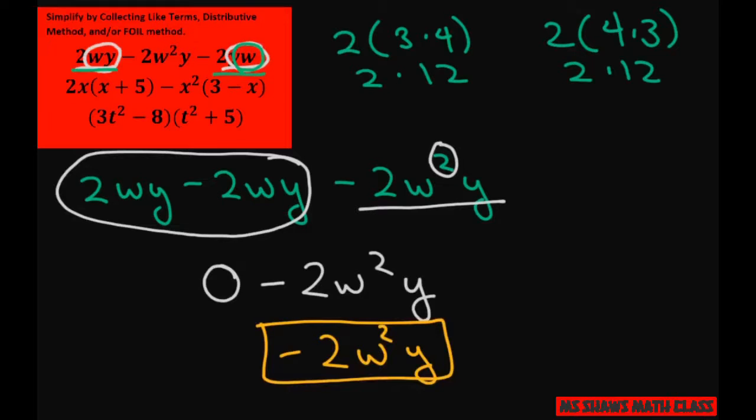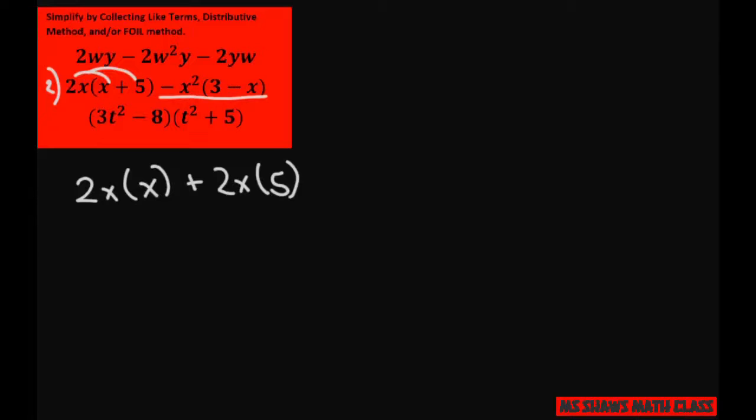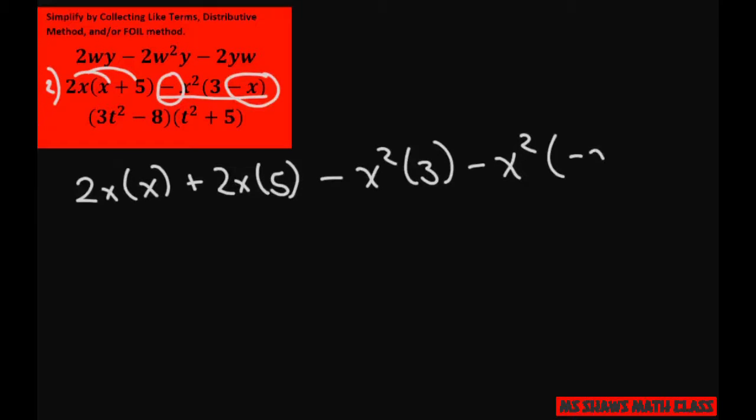And the next one, we're going to use the distributive property. So basically what you're doing is you're taking 2x times x plus 2x times 5. So that's what I did. All right, for this one, I'm going to write minus, because that's what's in front of the x squared. X squared times 3 minus, copy down again, x squared, and you go ahead and write negative x.